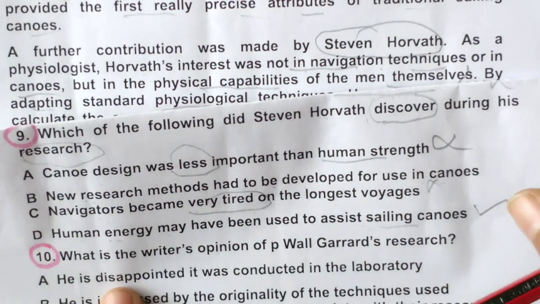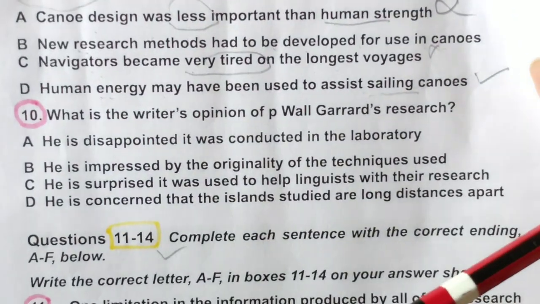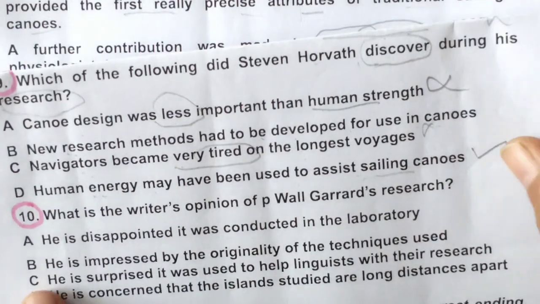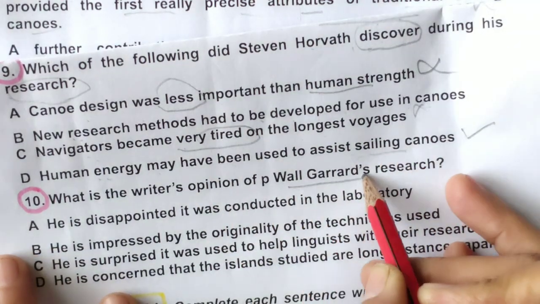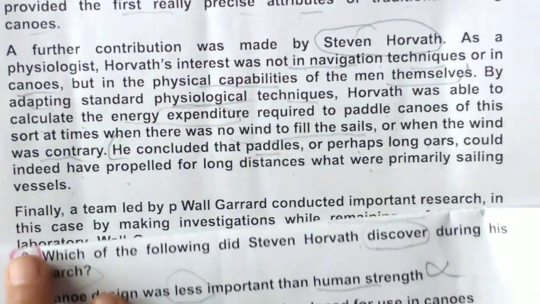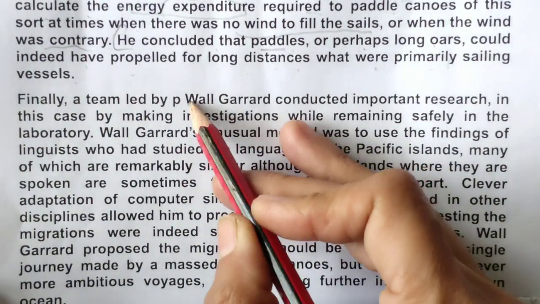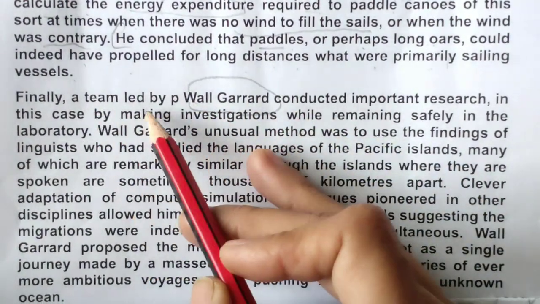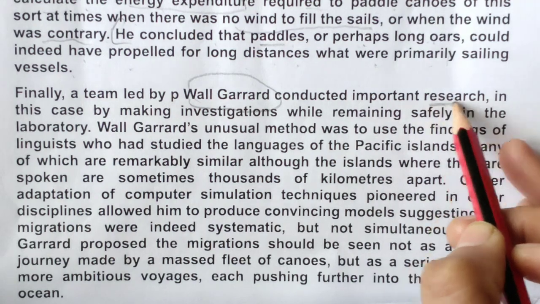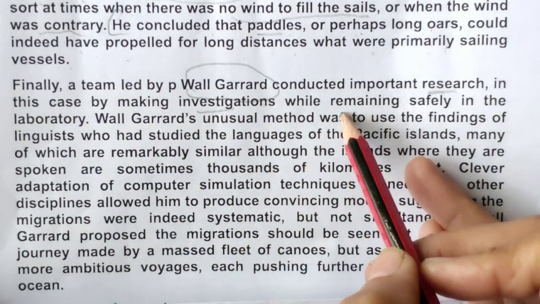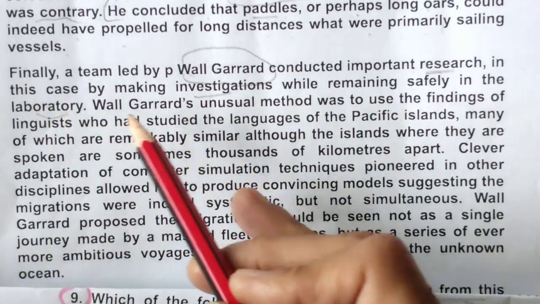Now tenth question, last question, and this question I will cover in the next video. So what is the writer's opinion of this person? This person's name is not here, and in the next paragraph I can see this, Wall Garrett. Finally, a team led by this person conducted important research, in this case by making investigations while remaining safely in the laboratory.